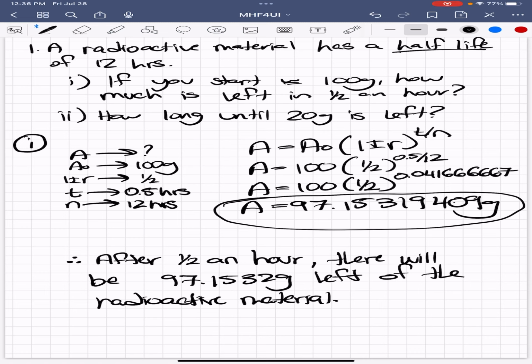Okay, so after half an hour, there will be 97.1532 grams left of the radioactive material.